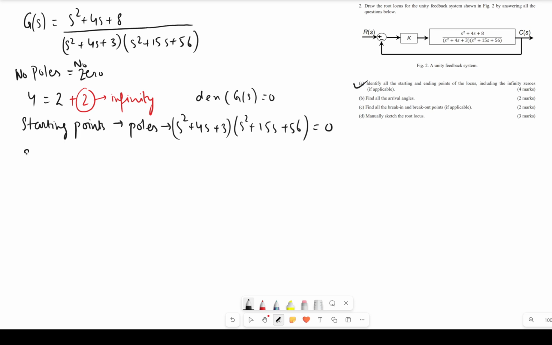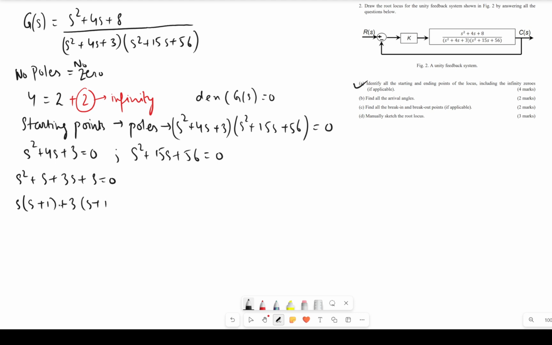We put the first factor equal to 0, and we also put the second factor equal to 0. We can simplify this or simply use a calculator to find 2 roots from each. So I'll simplify: s squared plus s plus 3s plus 3 equals 0, so s(s plus 1) plus 3(s plus 1) equals 0, which means we have 2 roots, s plus 3 and s plus 1. So these are our 2 poles.